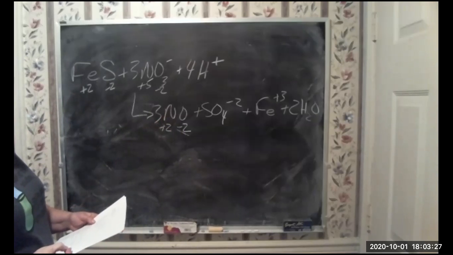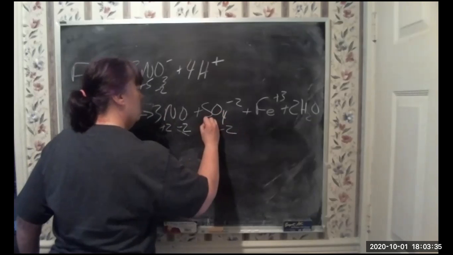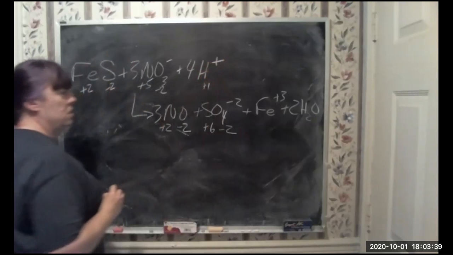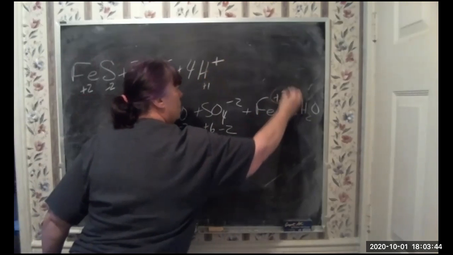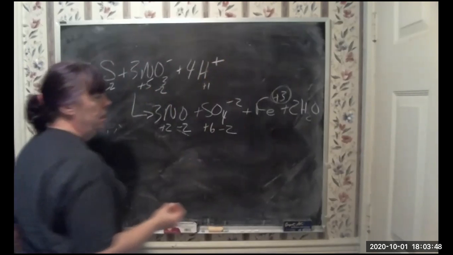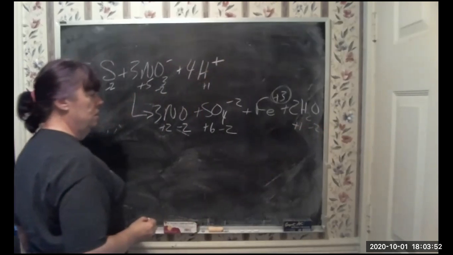I'm looking at making sure I didn't totally glitch out this one either. Sulfate we already did. So sulfates are -2s and +6. This one's just +1 because it's a single hydrogen ion. This one is +3 because that's what the charge is on my ion, my oxygens, and my hydrogens.